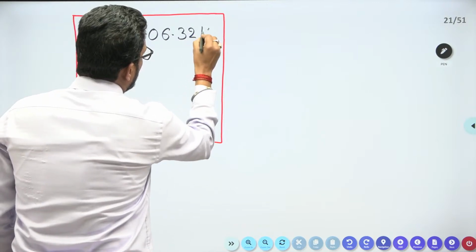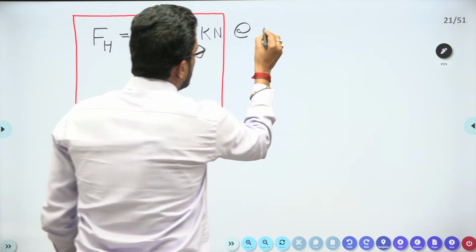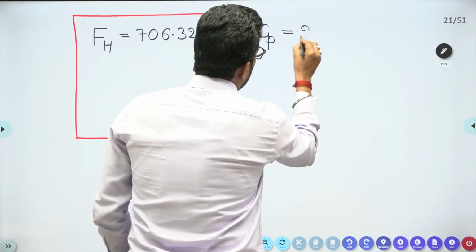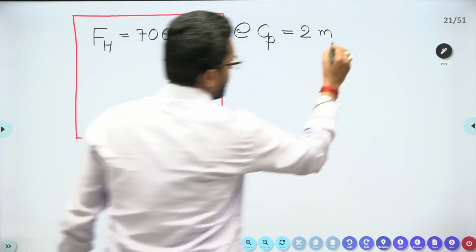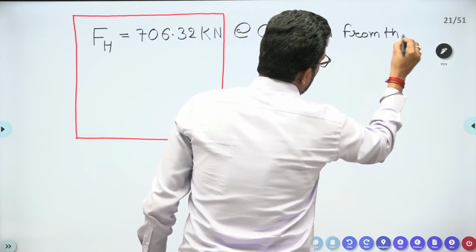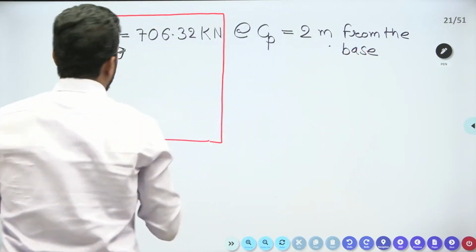And it acts at CP, and CP is 2 meter from the base.